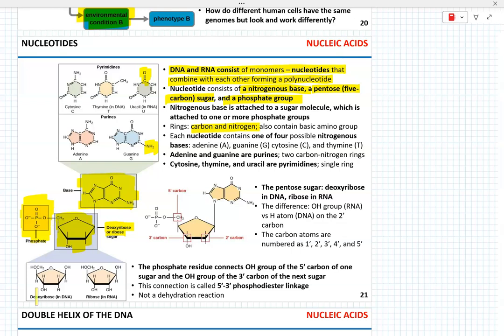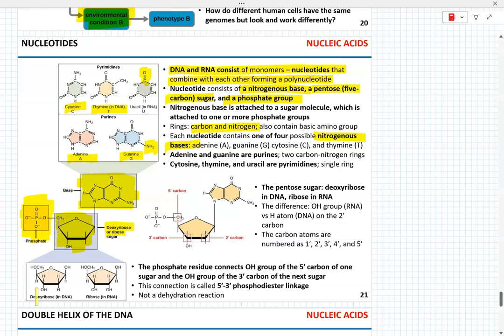Nucleotides differ due to the different nitrogenous bases. In DNA, there are 4 possible nitrogenous bases: adenine, guanine, cytosine, and thymine.